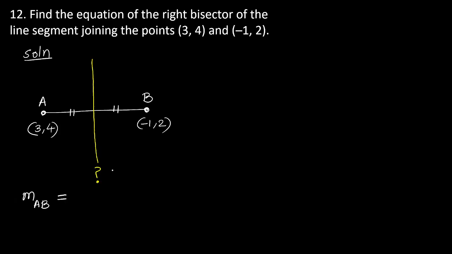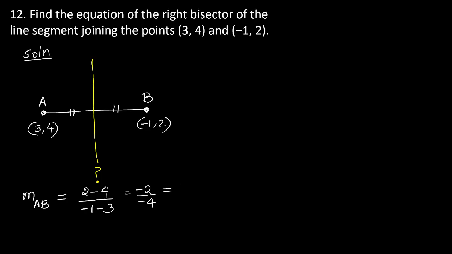Slope of AB, you know, if 2 points are given, is y2 minus y1 by x2 minus x1. We have already studied that from the beginning. y2 minus y1 by x2 minus x1, that is minus 2 by minus 4.